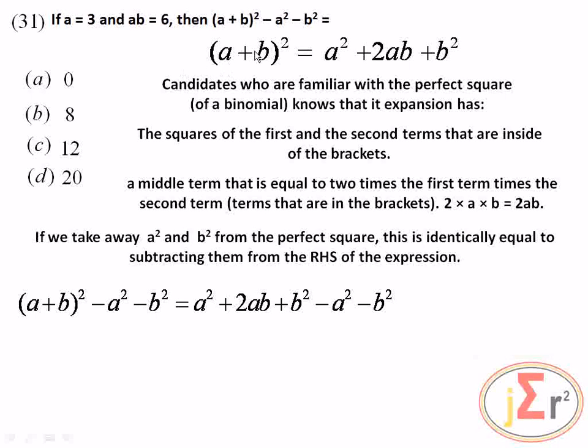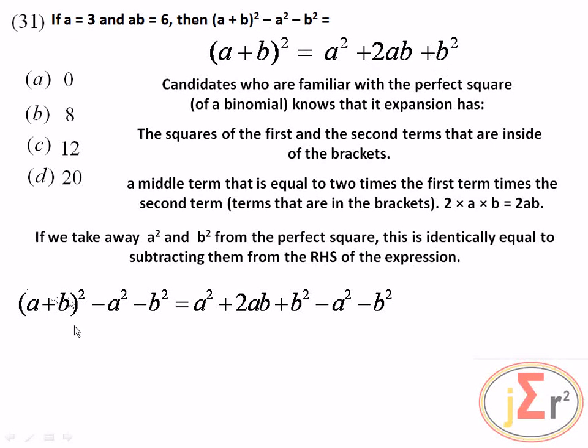But (a plus b) all squared is equal to a squared plus 2ab plus b squared. So subtracting a squared and b squared from (a plus b) all squared is equivalent to subtracting a squared from a squared plus 2ab plus b squared, and also subtracting b squared.